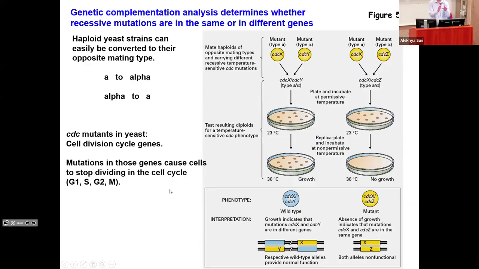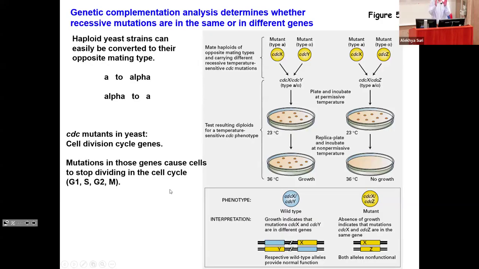So this shouldn't confuse you. When you have a set of mutant strains with mating type A, you can convert this to alpha, for example. I don't want to go into detail here, but you just convert A to alpha.